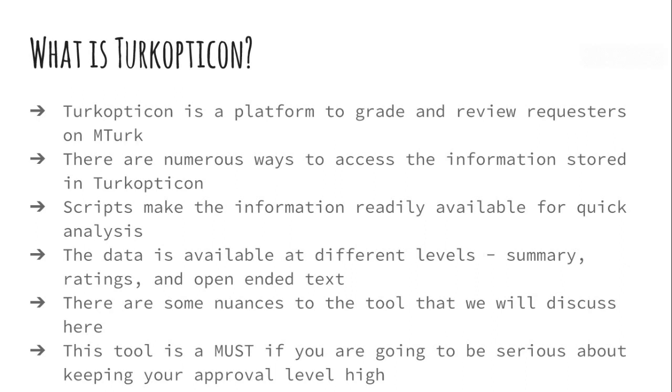If you have only 100 hits and you have 5 rejections, you have a 95% approval rating. In the world of MTurk, that's actually not that good. Many requesters put the line at 99% or above to do their hits. So what you'll find in the beginning is that some of the hits are limited to people with over 500 hits or over 1,000 hits.